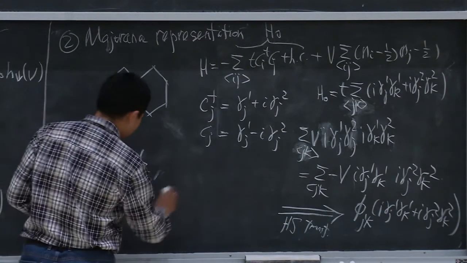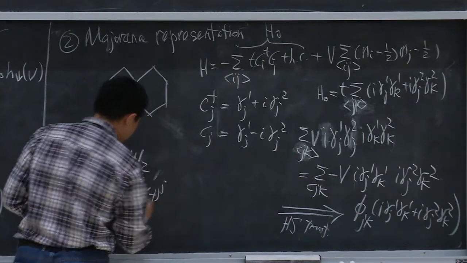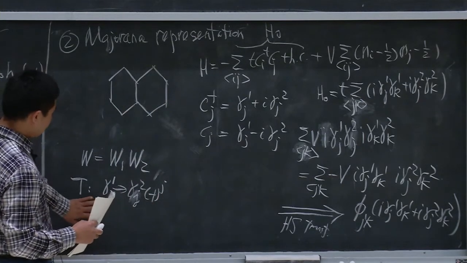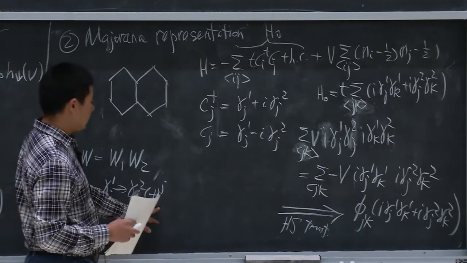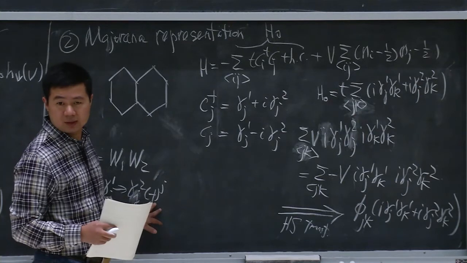And for this particular model, if we do this transformation, the tiny Walser maps component 1 to component 2, there's a sign that depends on whether it's A sublattice or B sublattice.